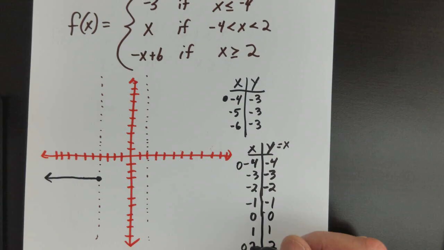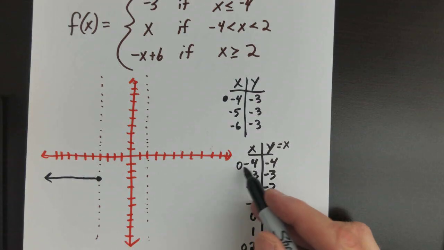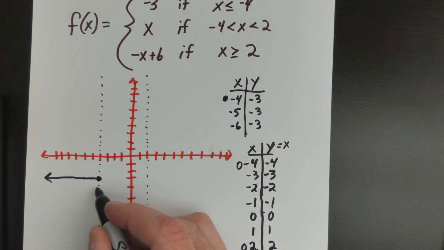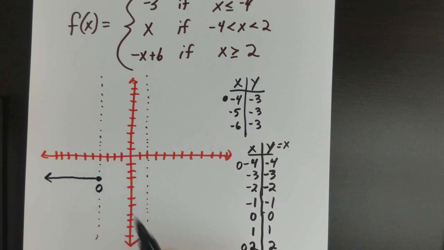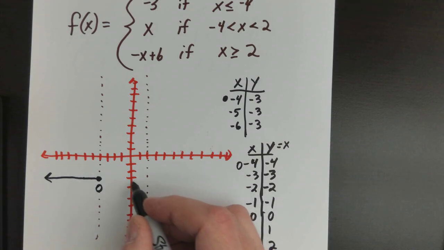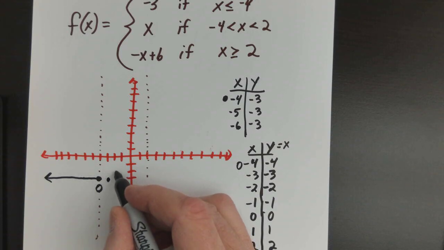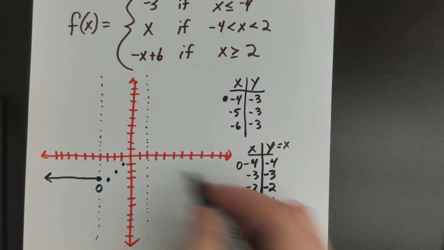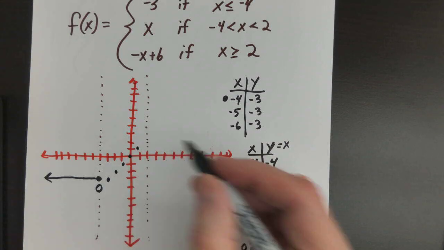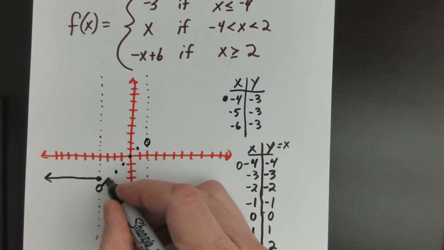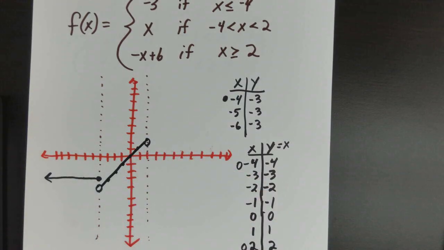So I'm going from negative 4, negative 1, 2, 3, 4 down here, and putting an open circle, and then negative 3 is right here, negative 2, negative 1, 0, 1, and 2 is the end of it. It gets an open circle. So there is that piece of the function.